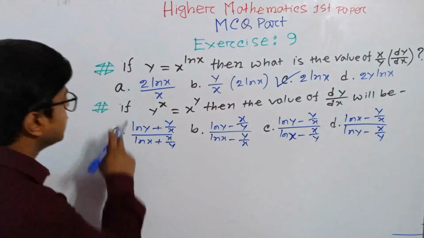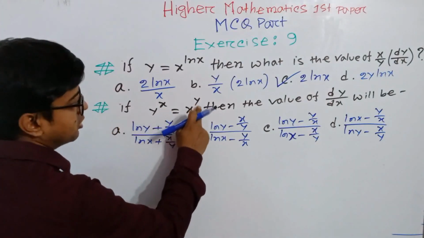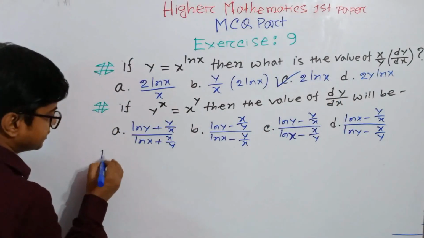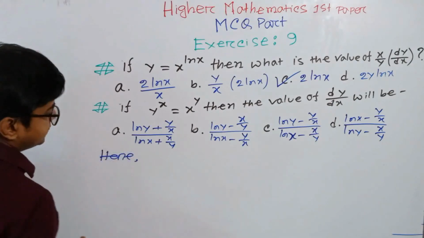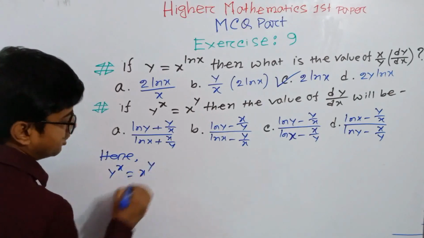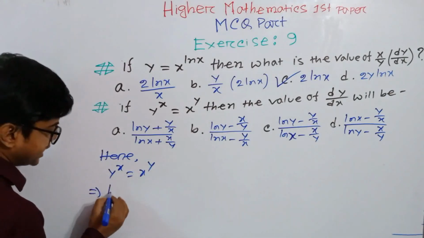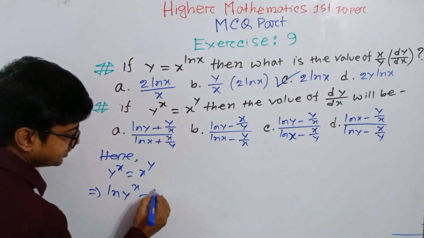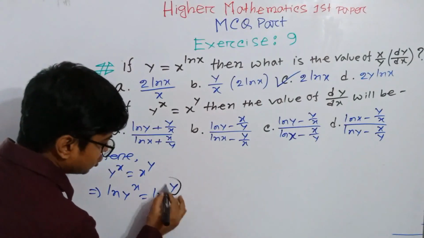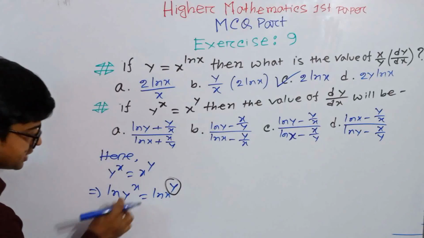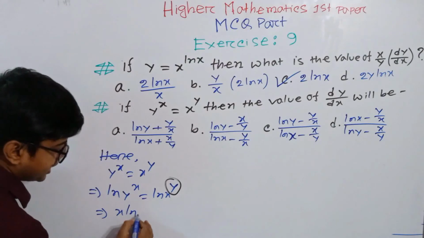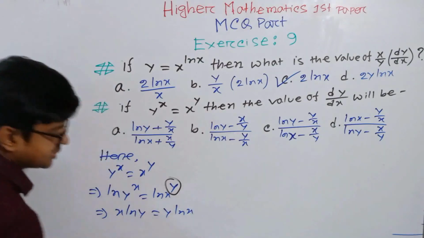Now another question. If y to the power x equals x to the power y, then the value of dy/dx will be? Here y to the power x equals x to the power y. Now taking ln on both sides, ln of x to the power y, the power comes first, and ln of y to the power x, the power comes first, so x ln y equals y ln x.